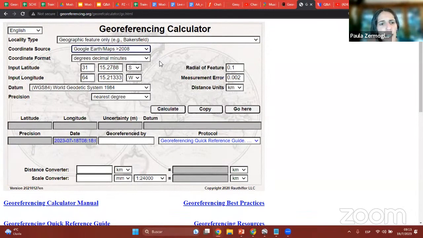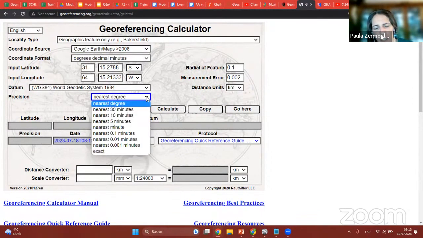Then we have the coordinate format that we need to specify. So we will have uncertainties associated with the coordinates. Again, with the coordinates, we will have uncertainty associated with the precision of those coordinates. The more precise the coordinates are, the smaller the uncertainty.